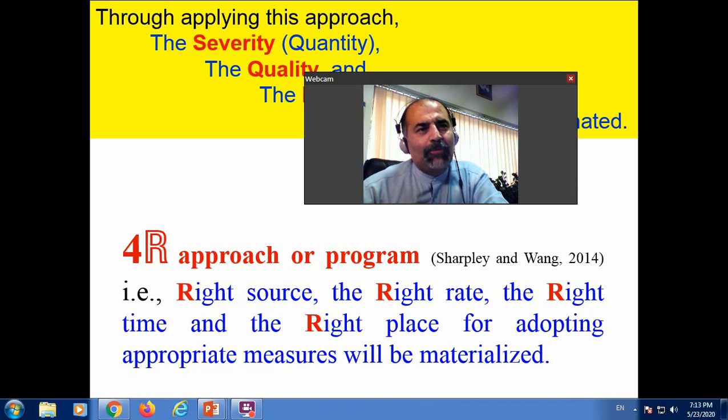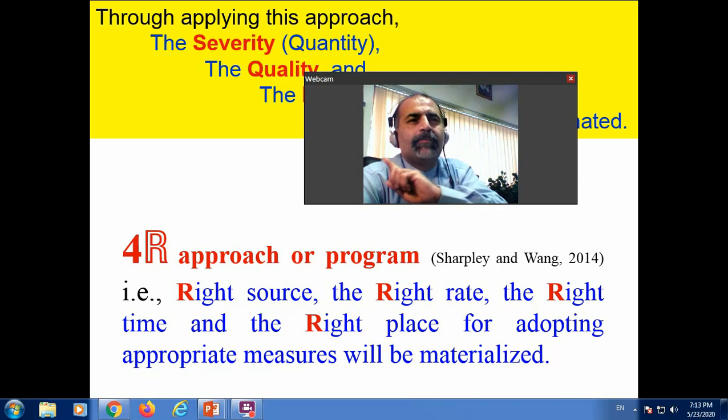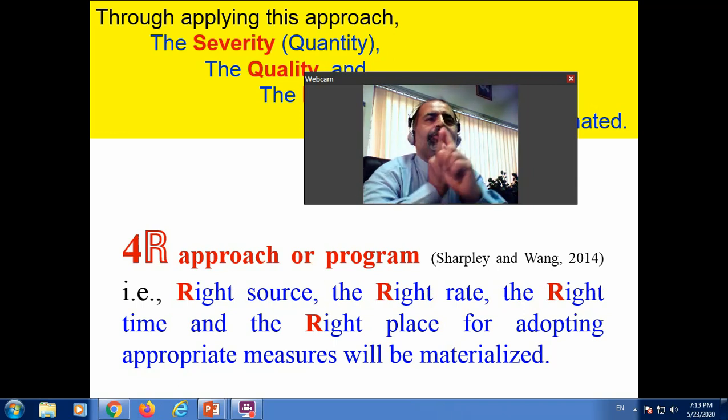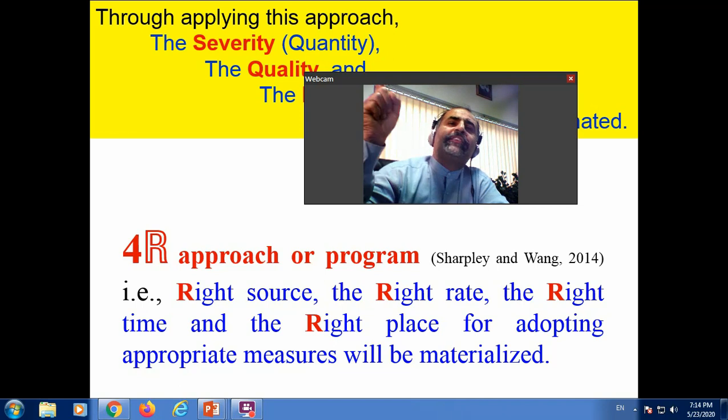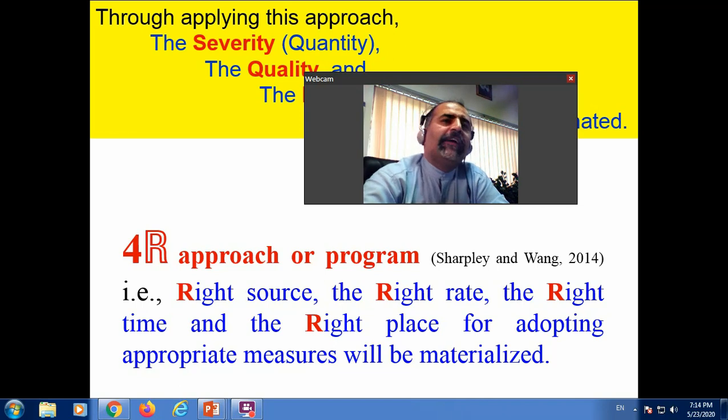So using this approach, we have to know right source, all these different components that I have already discussed about: strengths, threats, opportunities, weakness, state, pressure, and even response, all are our sources. Right rate: we could recognize the severity of those affecting factors. Even we could recognize the contribution of different factors.